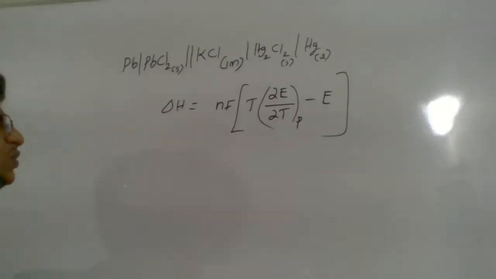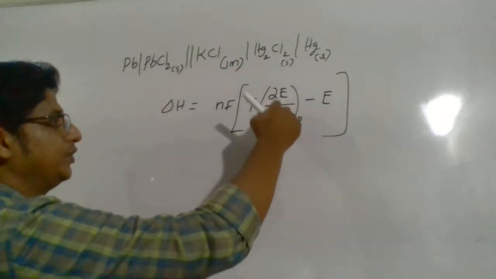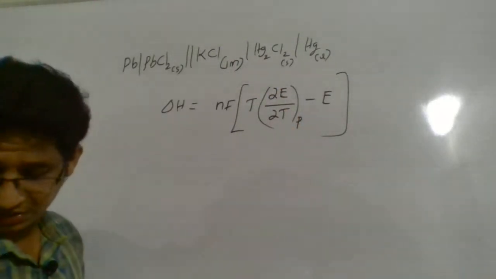Anything else we require? Everything is given. n we know, F we know, T is 298 Kelvin, dou E by dou T at constant P they have given, and E also they provided.